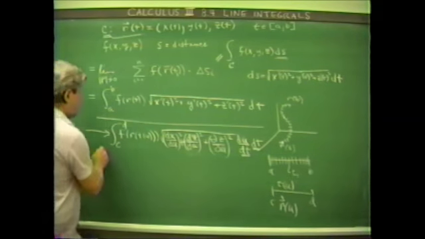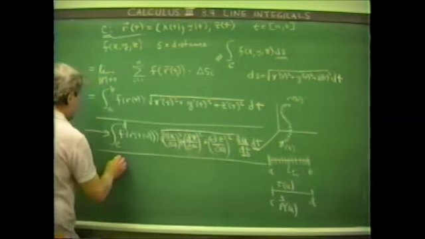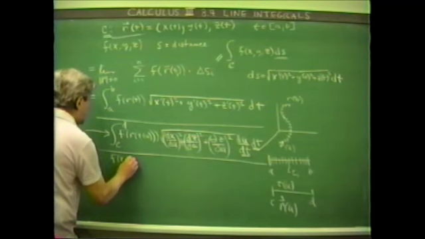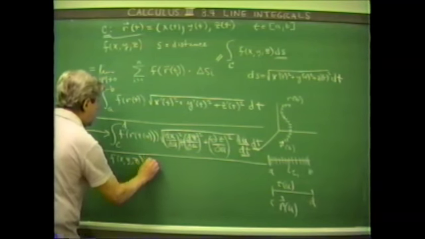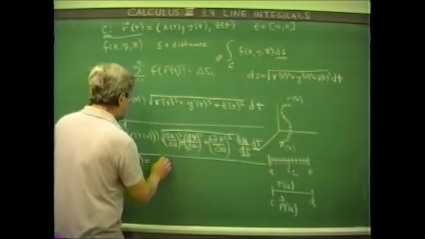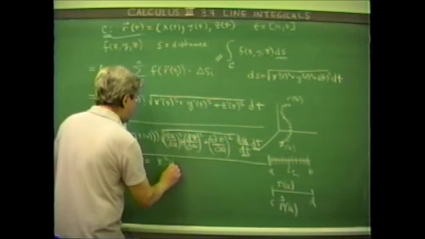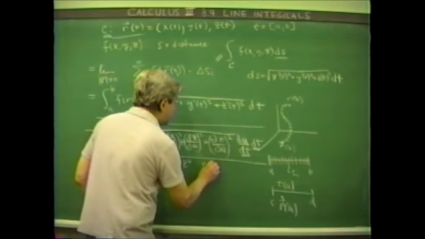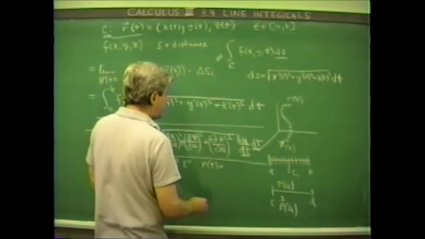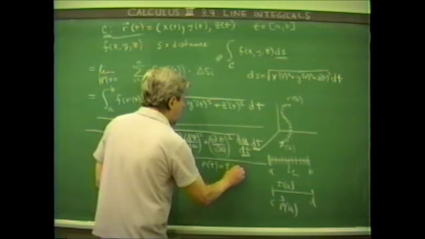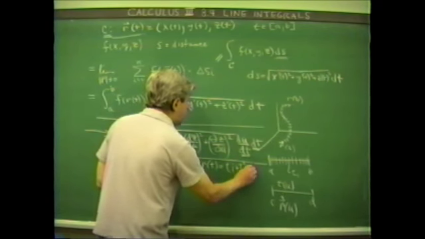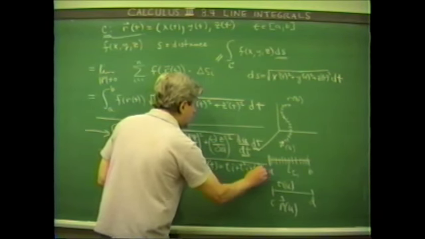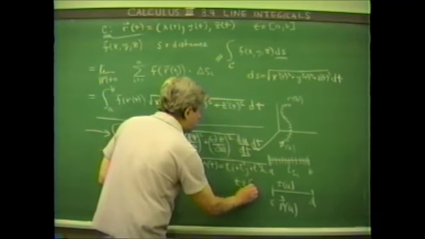Let's take a look at an example of how to do this. Let's suppose that we've got f of x, y, and z equal to, let's say, x squared y cubed z to the fourth. And let's suppose that r of t is equal to t i plus t squared j plus t cubed k for t in the interval 0, 1.